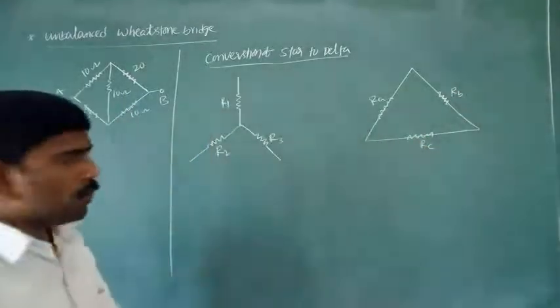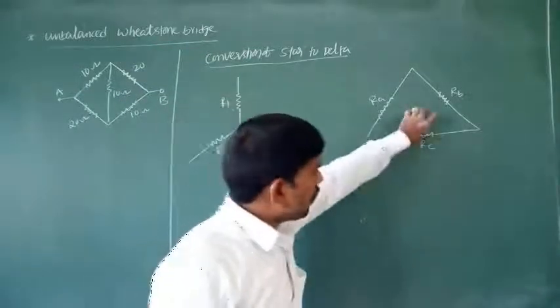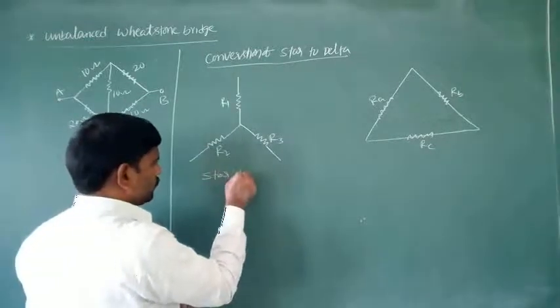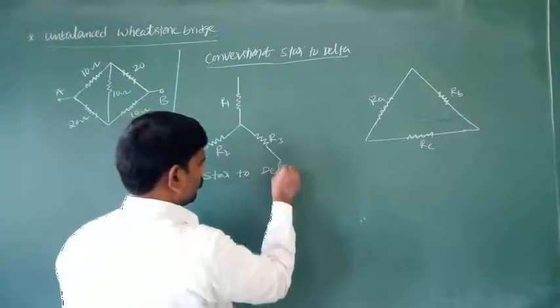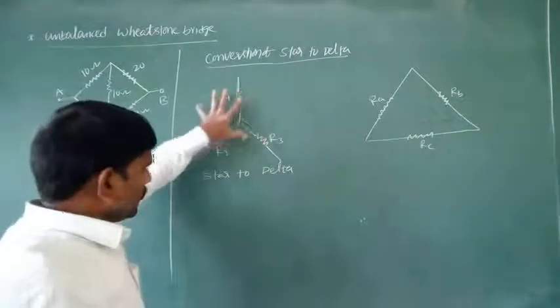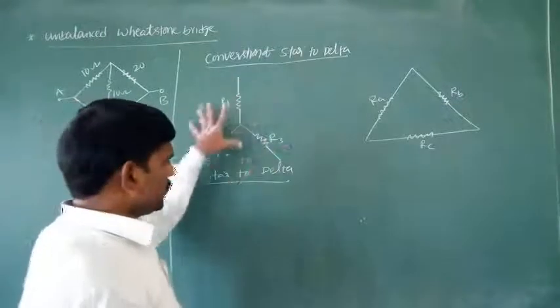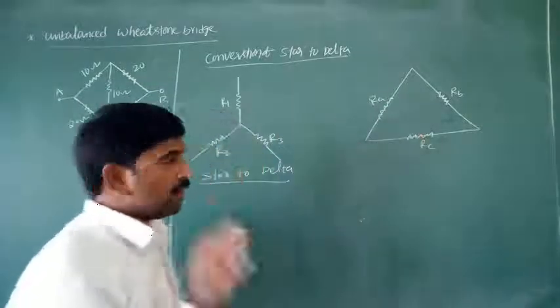First of all, how to convert this delta into the star, or star into the delta. First one, star to delta. By using these three resistors, R1, R2, R3, how to convert them into the delta?